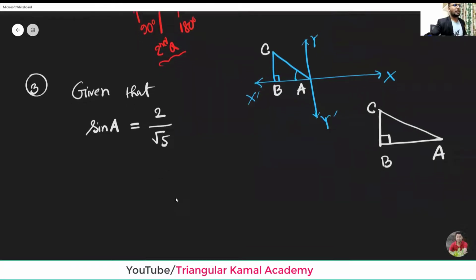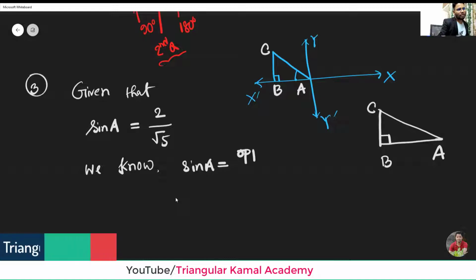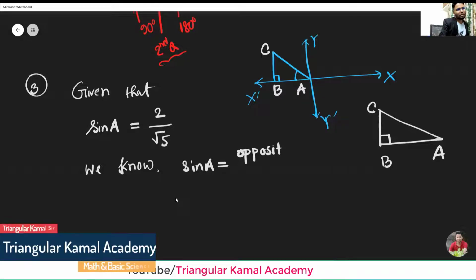So from the figure we can write, we know sine A is equal to opposite by hypotenuse.